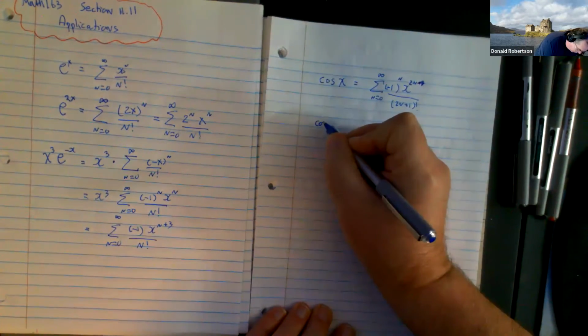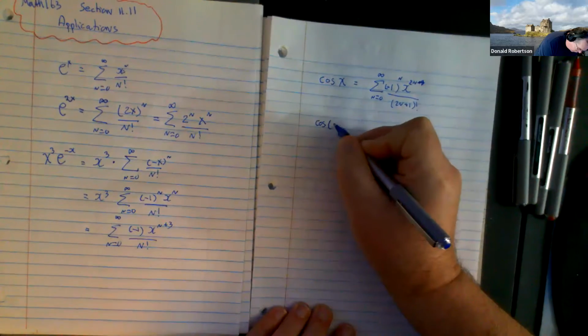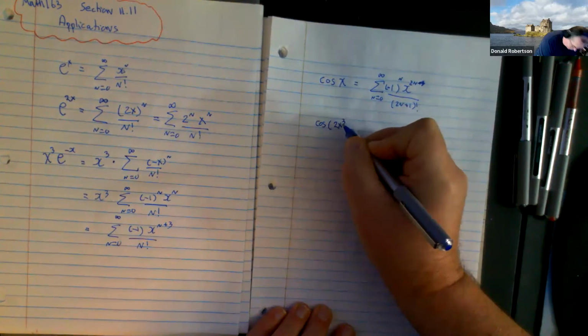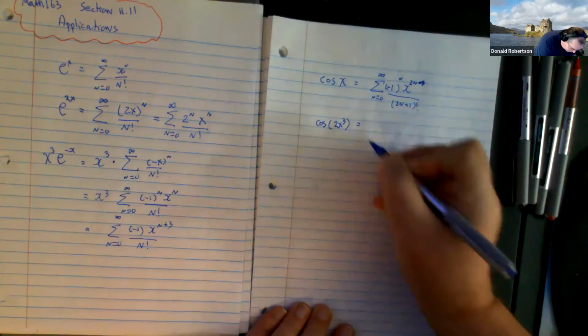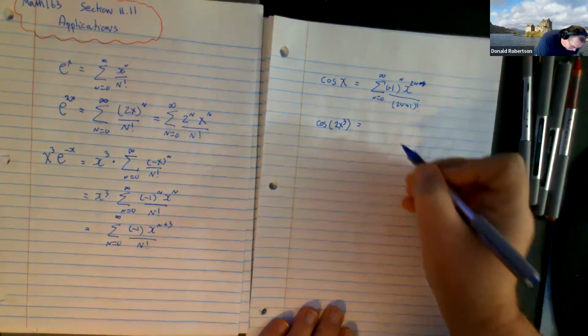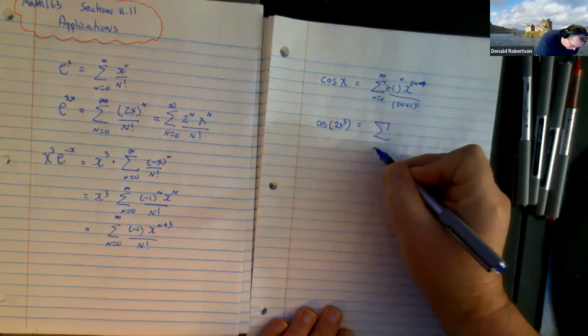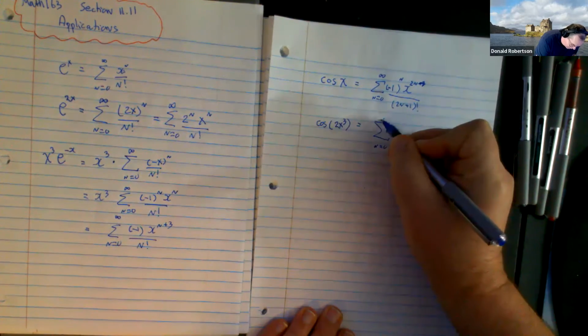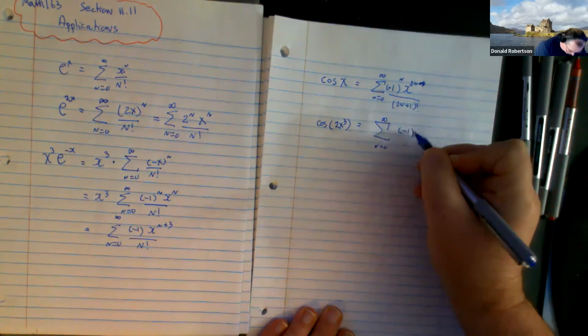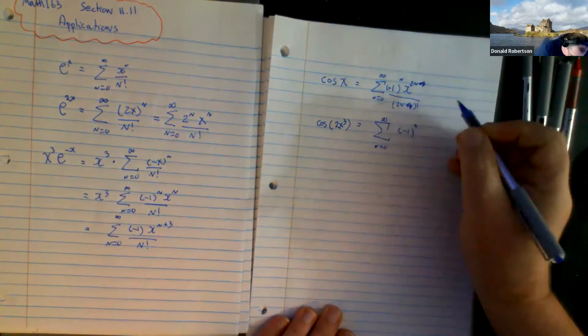If I want the power series for the cosine of 2x cubed, then I just replace the x by 2x cubed. Oh, by the way, let me rewrite this again.